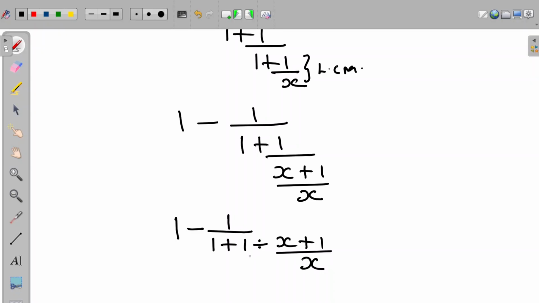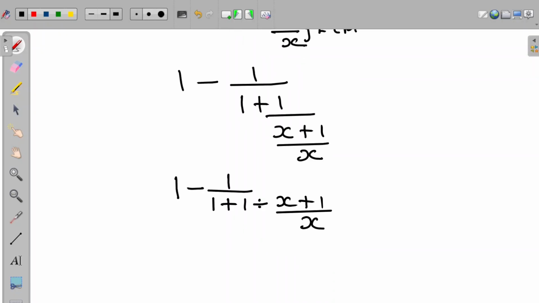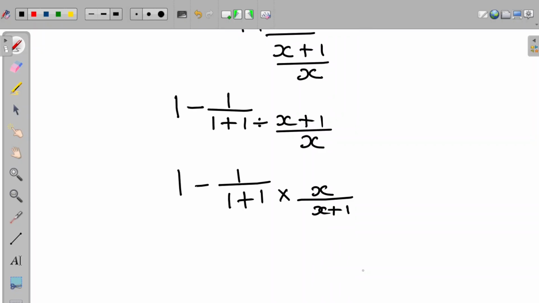So at this point, we can apply the multiplicative inverse. Now, the expression becomes 1 minus 1 divided by 1 plus 1 times x divided by x plus 1. So if we simplify further, the expression will reduce to 1 minus 1 divided by 1 plus x divided by x plus 1.